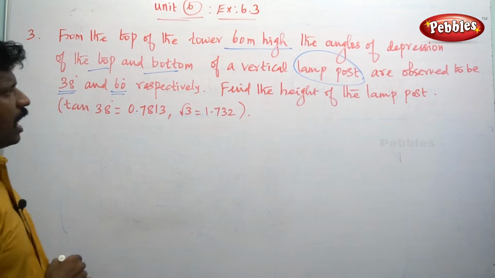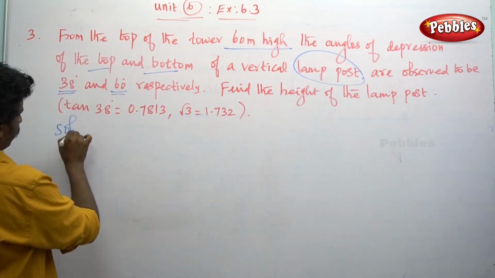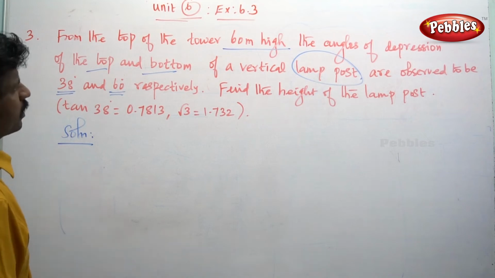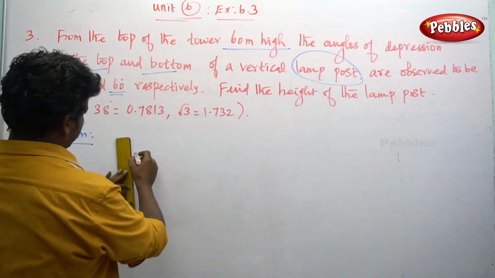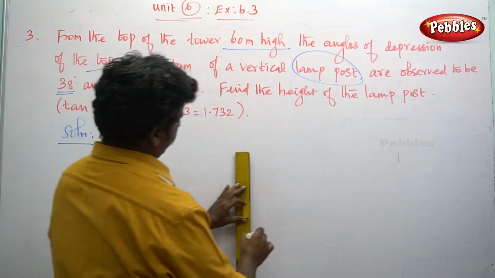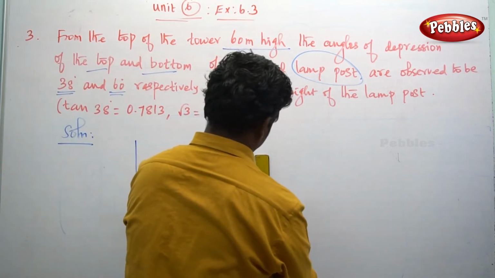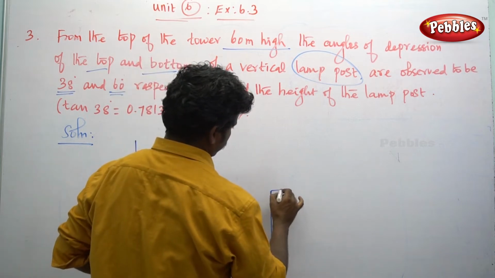Find the height of the lamp post. Now see the solution. So what is given here? From the top of the tower, right? This is the tower, top of the tower. Here a lamp post. See here, this is the lamp post, right?